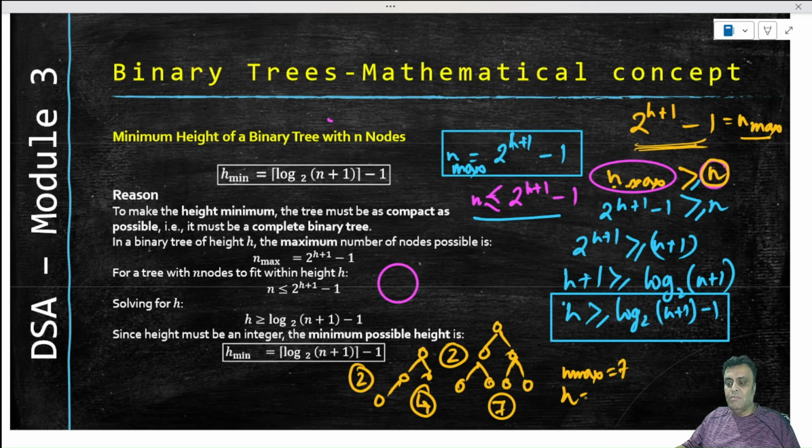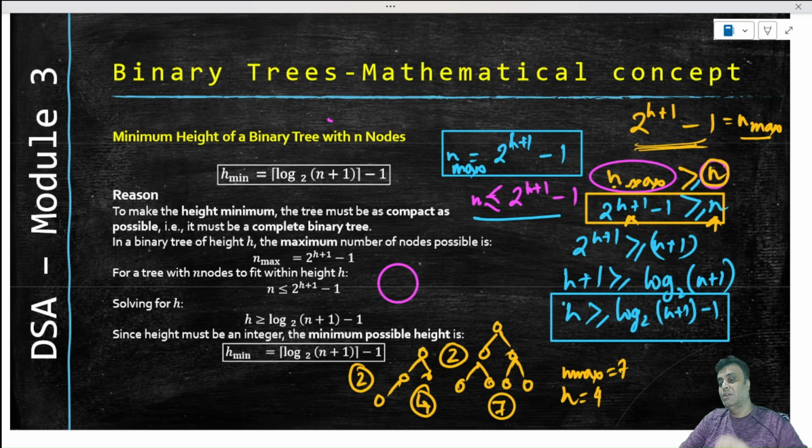So therefore n can be any value between certain numbers, and in this case n is here 4. N can be 5 also, n can be 6 also, n can be 7 also, but n cannot be more than n max, and that's why we have taken this line. This is our n max and this is our n, right? So that's how we are actually calculating it.